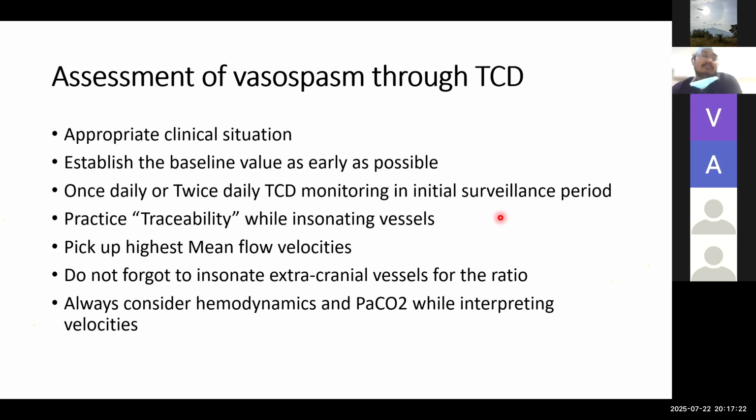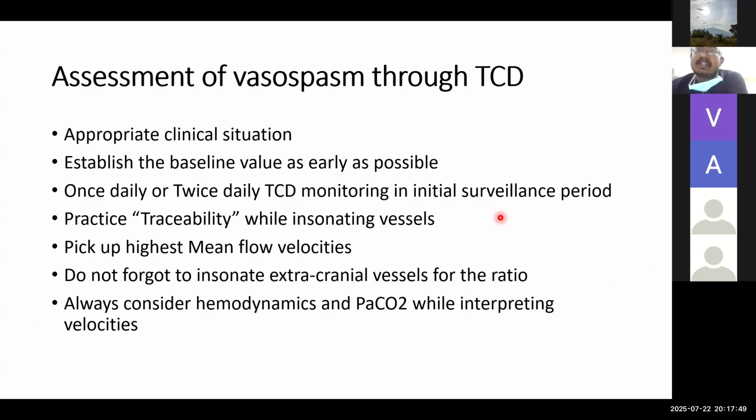Okay, so next is whenever you are insonating intracranial vessels, never ever forget to insonate extracranial vessels to measure the ratios. Also, most importantly, whenever you are measuring these velocities, always consider hemodynamics and PaCO2. As you have noticed, augmentation of blood pressure actually varies velocities, right?